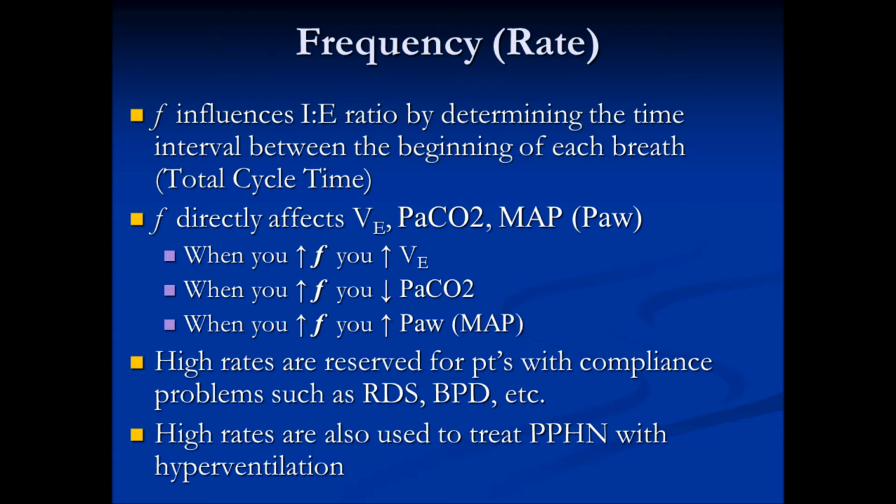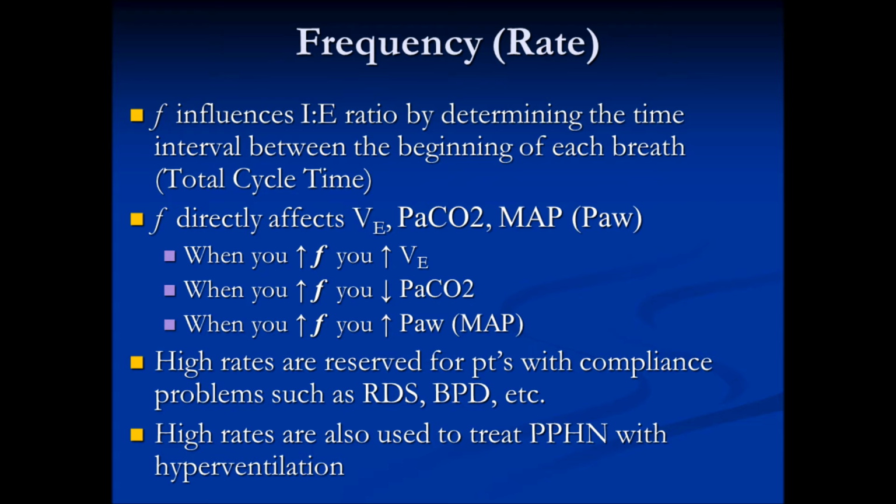When your compliance is decreased, that means that you cannot expand your lungs properly. And therefore, in order to ventilate you better, we will have to increase the rate. So RDS makes stiff lungs. Bronchopulmonary dysplasia is another condition we will talk about later that presents itself with stiff lungs.